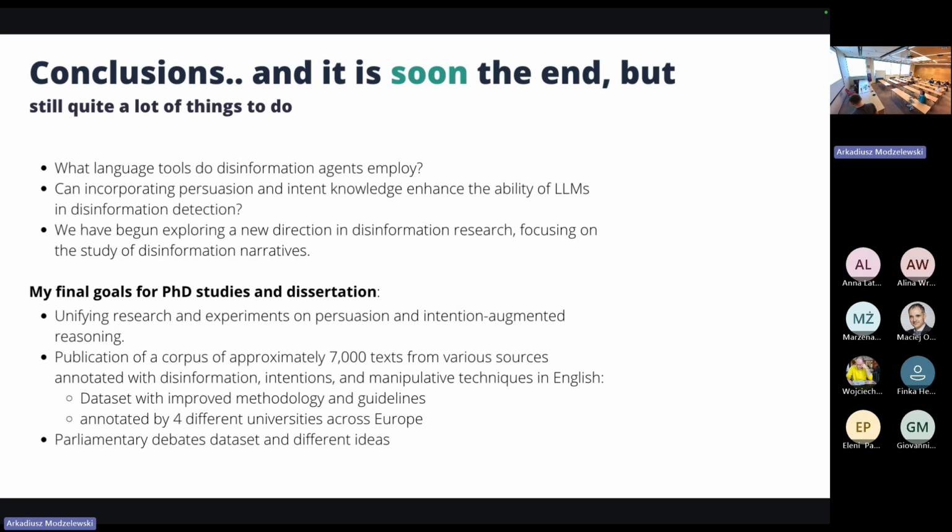Some words of conclusion. The key takeaway I hope you will take from this presentation is that persuasion and knowledge of persuasion and malicious intent may improve detection of disinformation with large language models. So enhanced reasoning of large language models by these two components improves detection of disinformation.